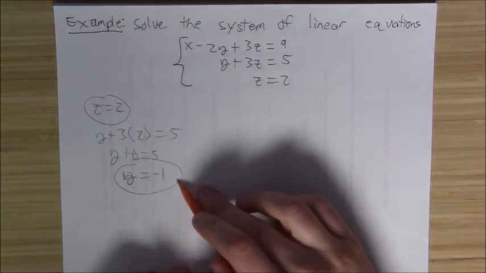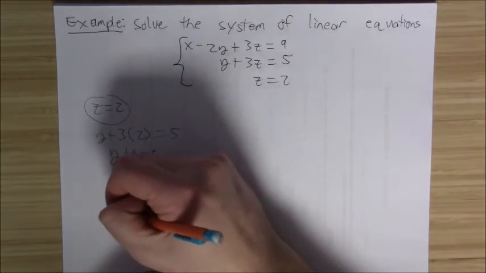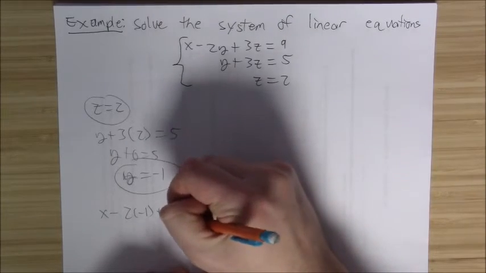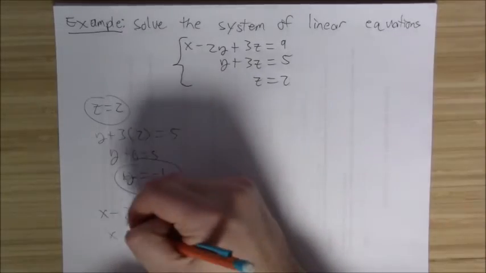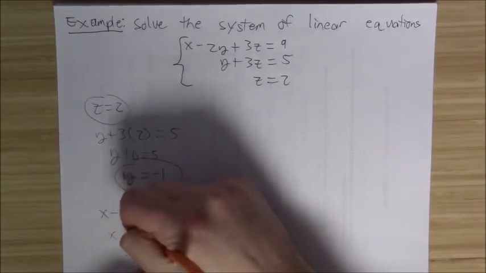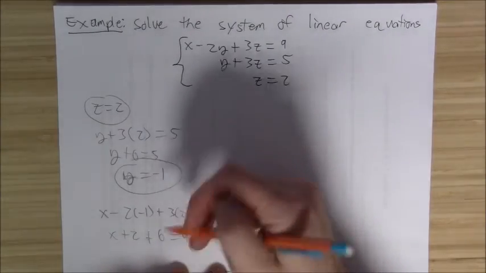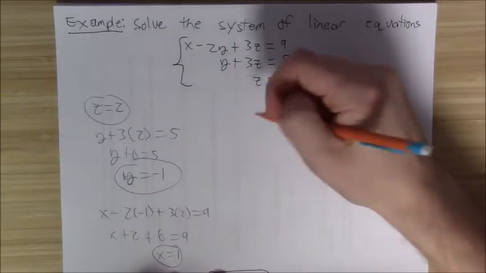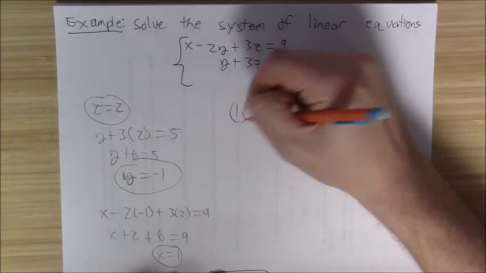And now that we know what both z and y are, we can solve for x in the top. x minus 2 times negative 1 plus 3 times 2 equals 9, which is x plus 2 plus 6 equals 9. That's x plus 8 equals 9. Subtracting 8 gives x equals 1. And indeed, we believe we should have 1, negative 1, 2 as our solution.